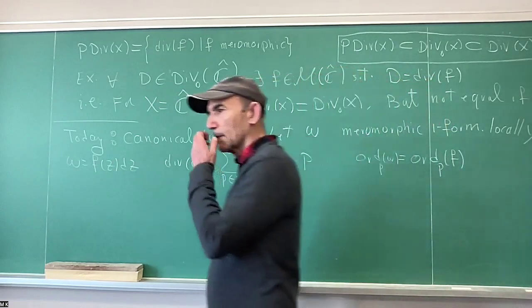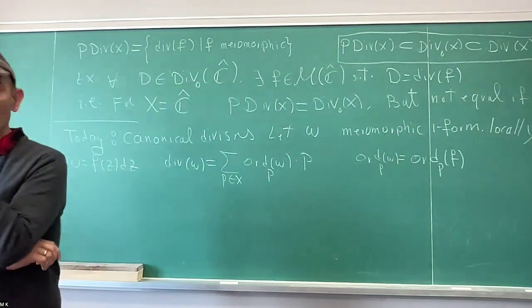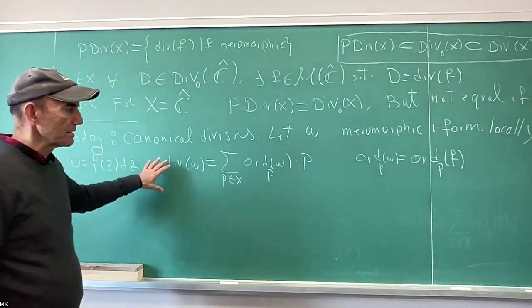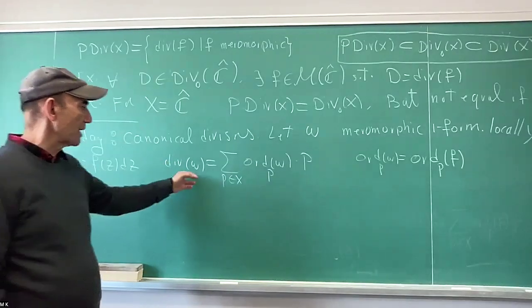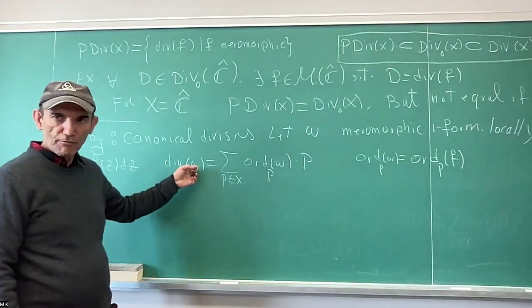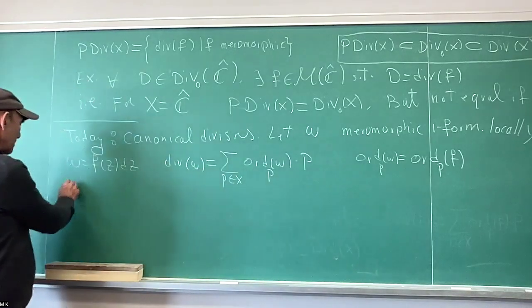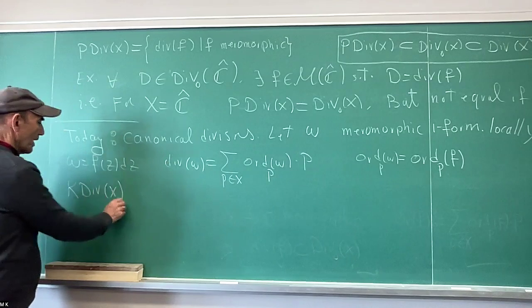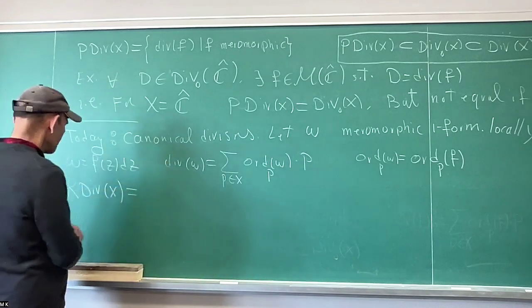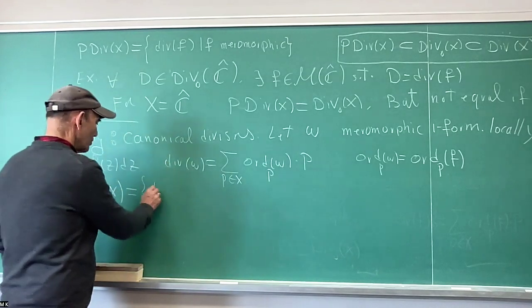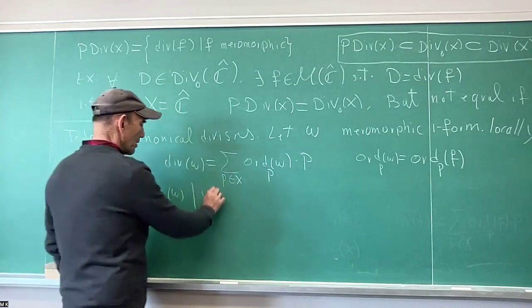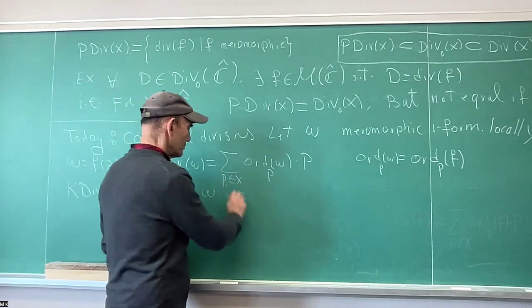Right, so we define this. And then what are canonical divisors? The canonical divisors are the set of all divisors that are divisors of some meromorphic one forms. So the notation then is K div of X, the set of all divisors of omega such that omega is a meromorphic one form.